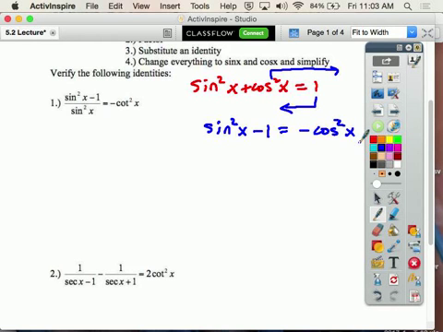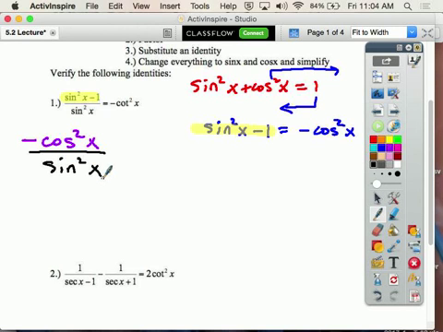So by rearranging that most famous Pythagorean identity, I could make it look like my numerator, and I can replace it with negative cosine squared x. So my next step is that I change that yellow highlight into what it is, the negative cosine squared x, and the bottom is still my sine squared x.